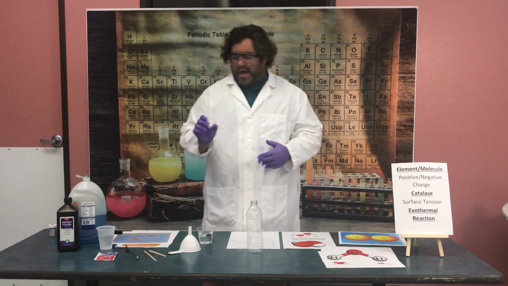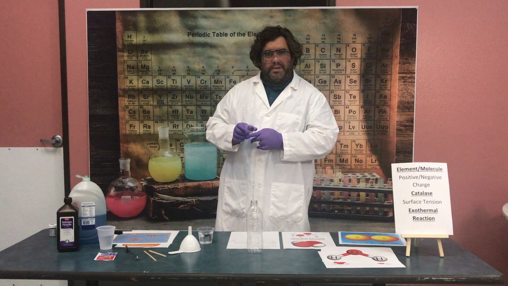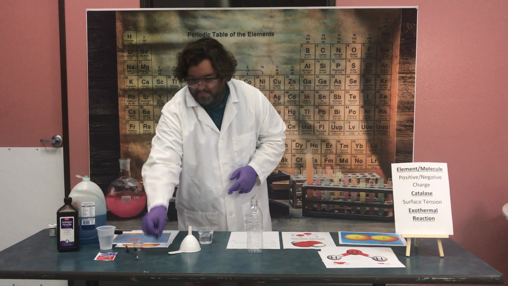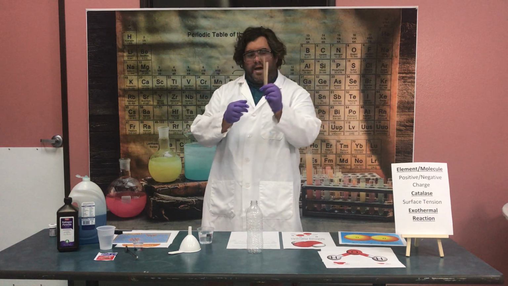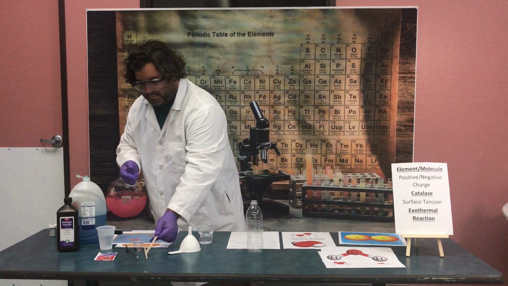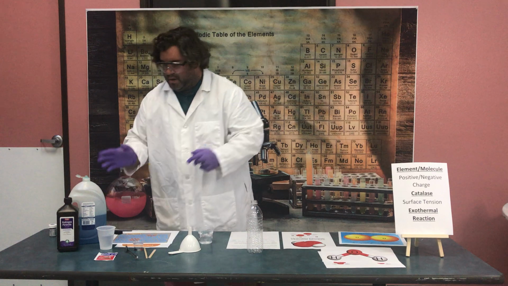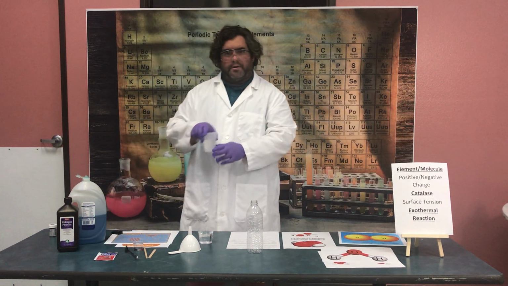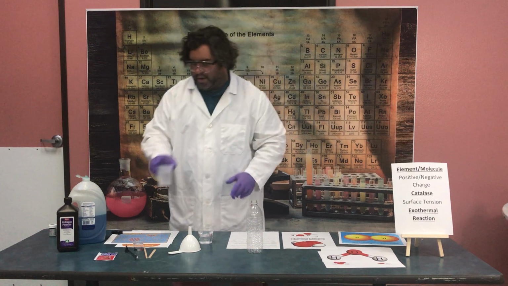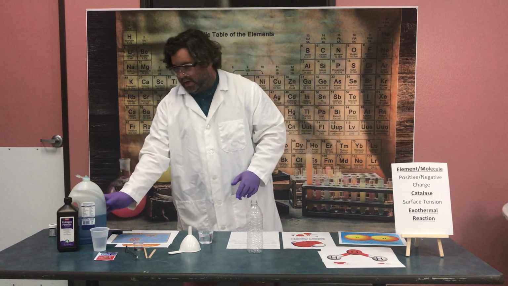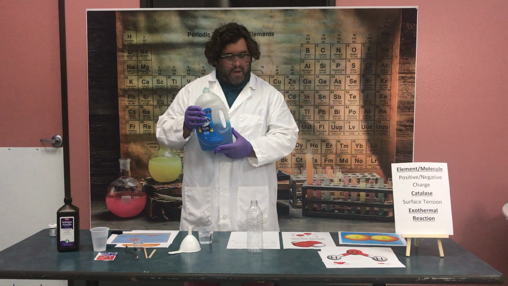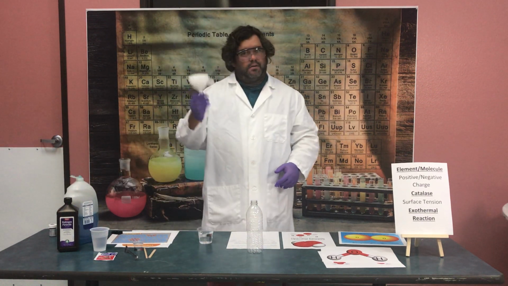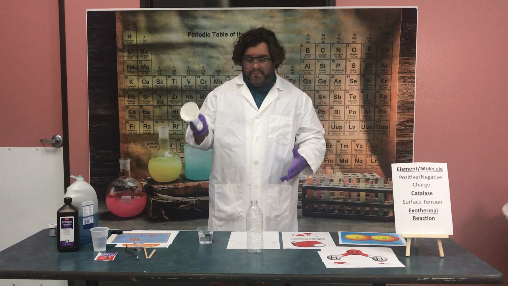You also have some food coloring, just so we can see this experiment, and you have some wooden sticks. Now what you will need for this experiment is some warm water, about half a cup of warm water. You'll need some dish soap as well. And if you have a funnel, that's even better, but you don't need a funnel.